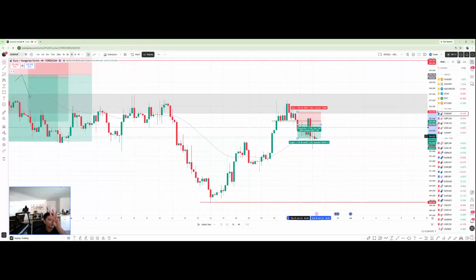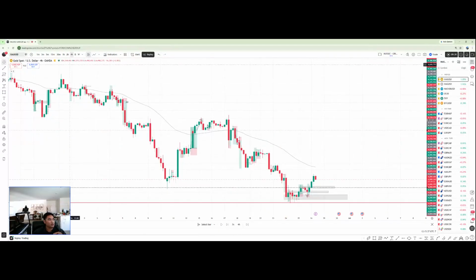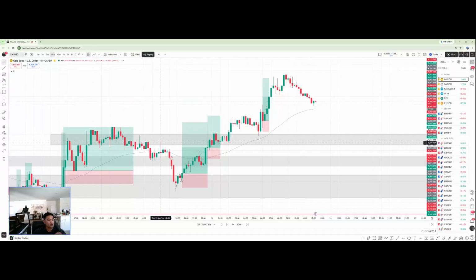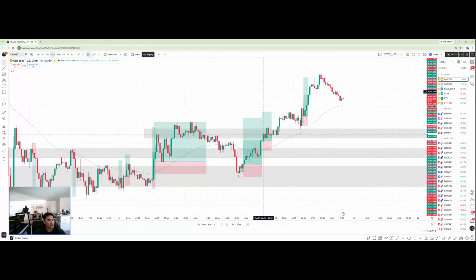Wednesday, Thursday, Friday, holding this for almost 3 days, and I almost got stopped out. But on gold, I caught this on Thursday and Friday, 3 plus 3, let's say 10 to 12RR, in less than 6 to 12 hours.